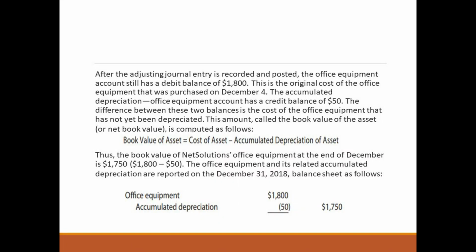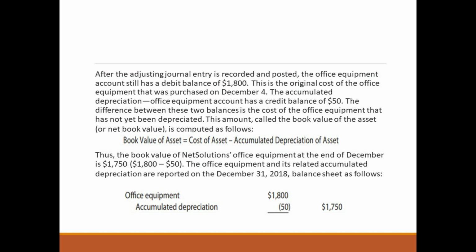After the adjusting journal entry is recorded and posted, the office equipment account still has a debit balance of $1,800. This is the original cost of the office equipment that was purchased on December 4. The accumulated depreciation office equipment account has a credit balance of $50. The difference between these two balances is the cost of the office equipment that has not yet been depreciated.